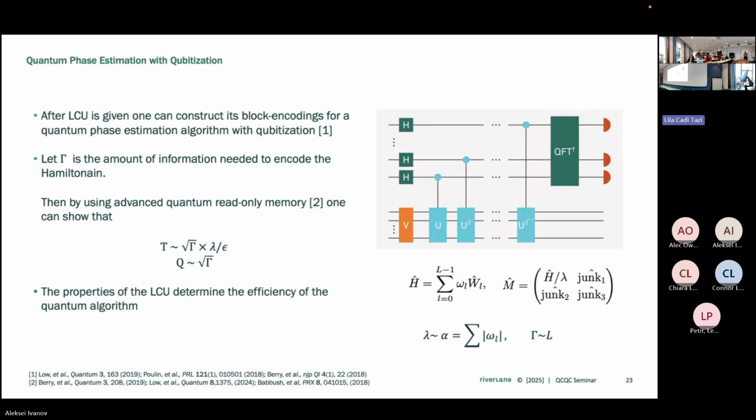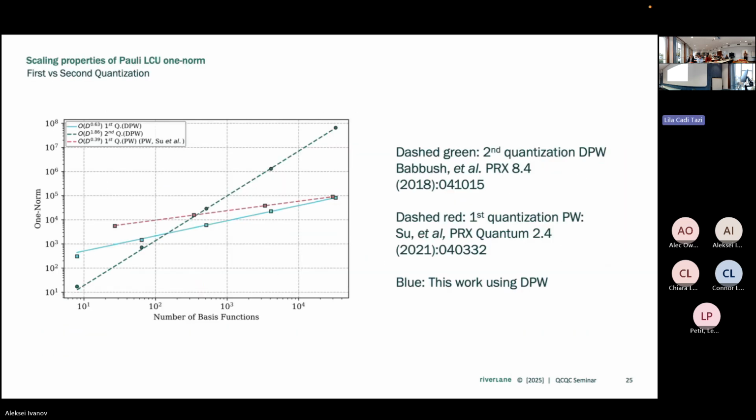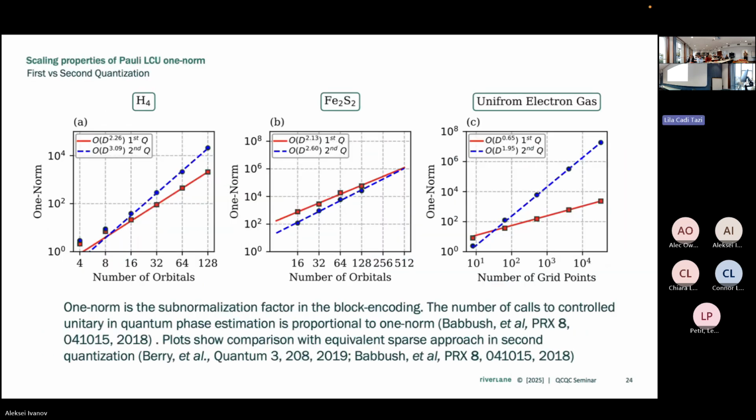All right, let's see. Where were we? Right, so let's now calculate this one norm. This is for some realistic quantum chemistry Hamiltonians, basically. This is an example of just H4, located on the corners of a square. The blue lines are calculations based on second quantization, and red is based on first quantization.